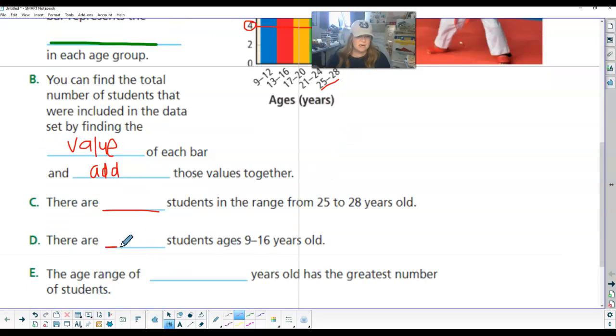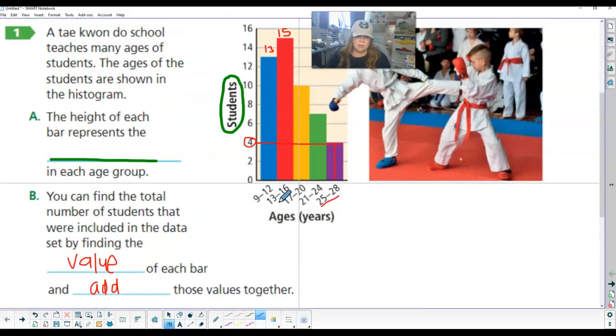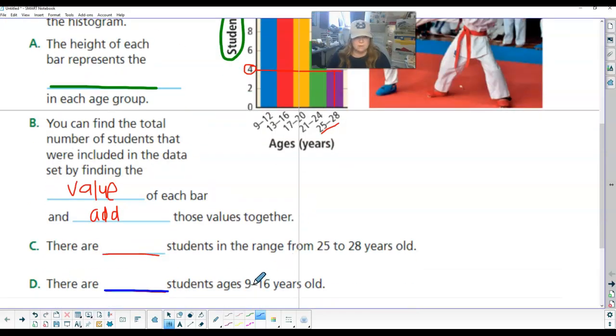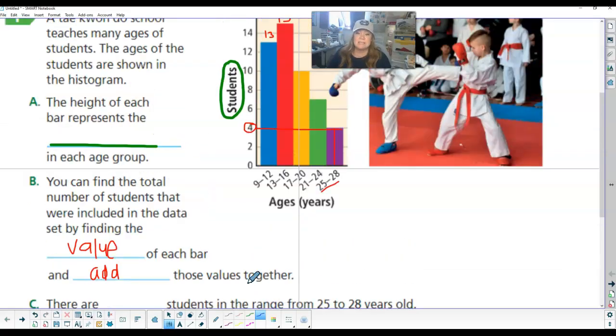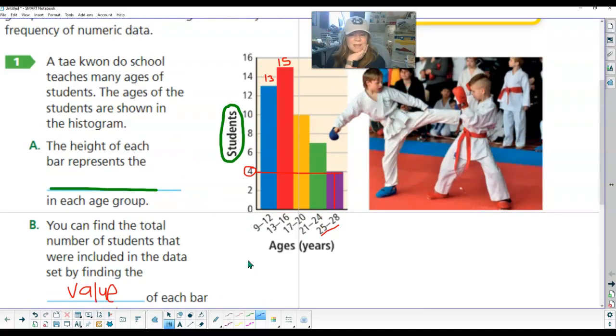The next one says, how many students are 19 to 16? So I'm going to come look at my 19. That was not right. Okay, 9 to 16. I was like, that didn't seem right. 9 to 16. So we're starting here and we're ending here. I have to put the red and the blue bars together.